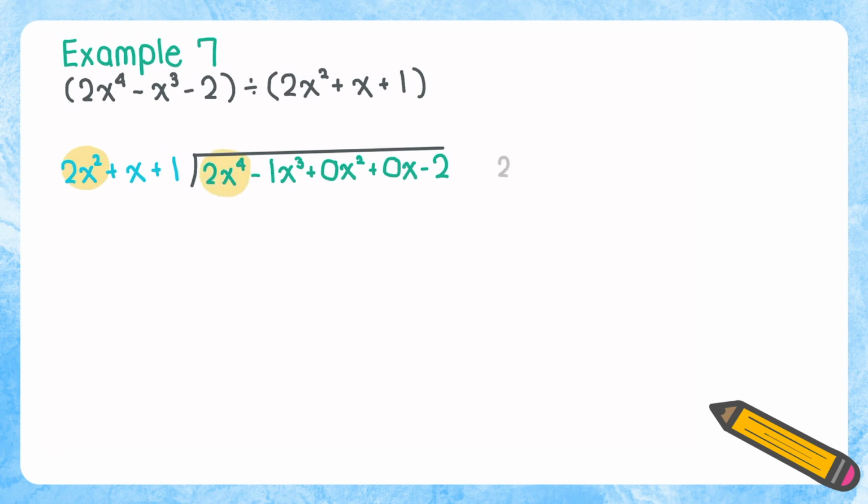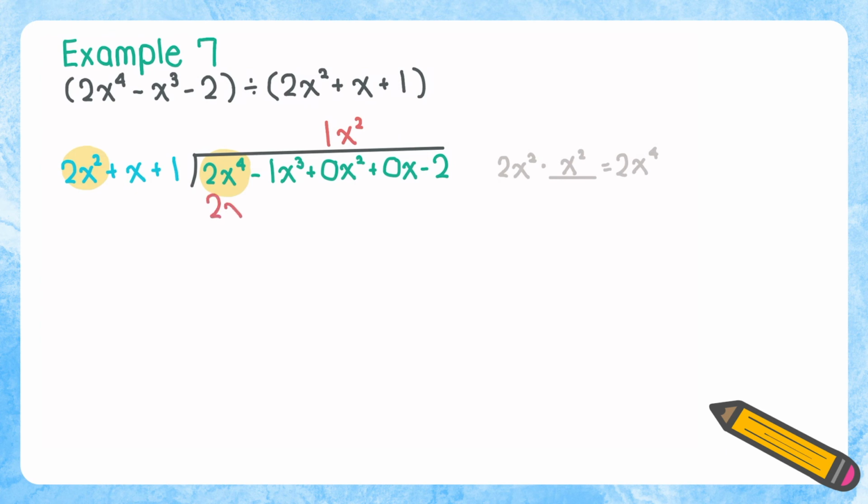All right, so 2x squared times what would equal 2x to the power of 4. So I can fill in the blank with an x squared. Let me write that up here. So 1x squared, and then I distribute to each term.